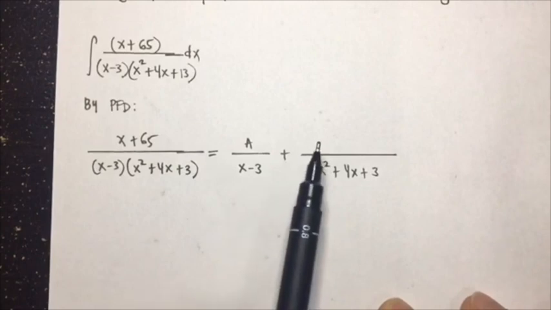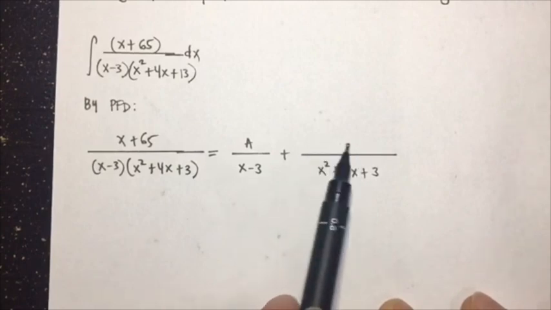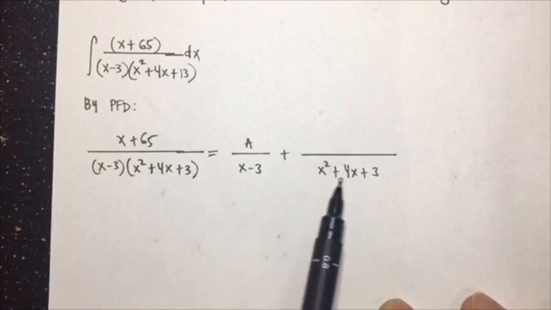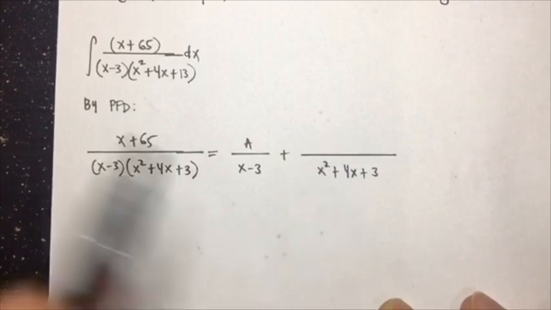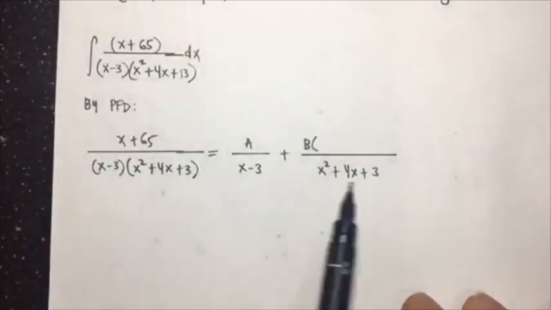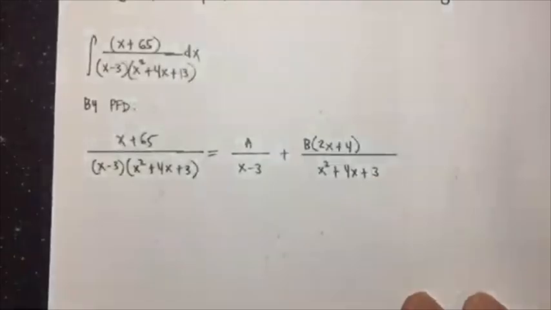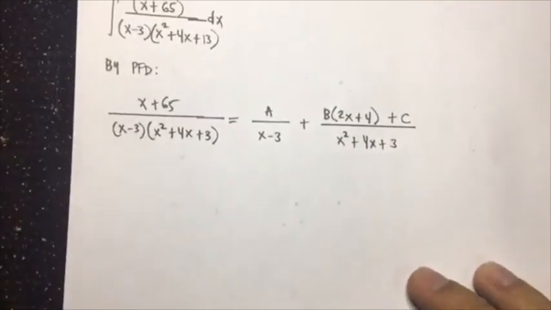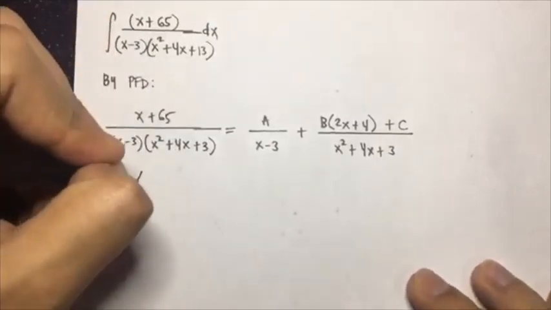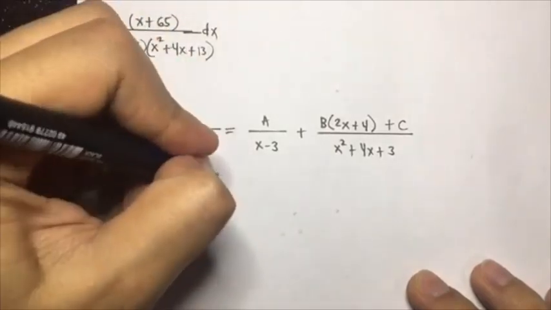But we will write it in such a way that we can integrate it easier later. So the x term in the linear expression will be replaced by the derivative of x squared plus 4x. So b times, instead of writing x, we'll write the derivative of the denominator, it's 2x plus 4, and then plus c. Next, cross multiplying. So x plus 65 is equal to a.